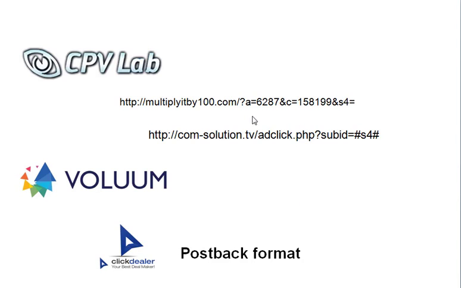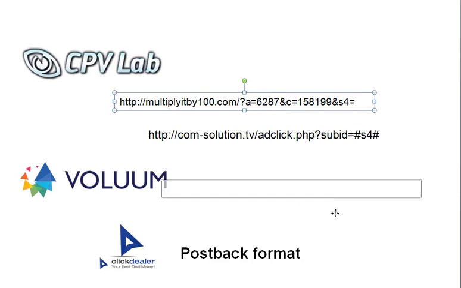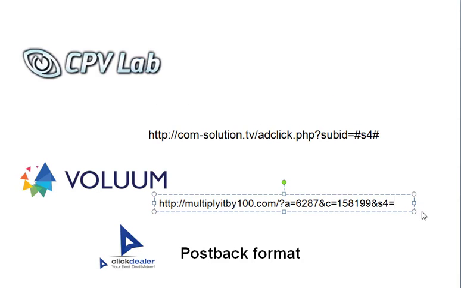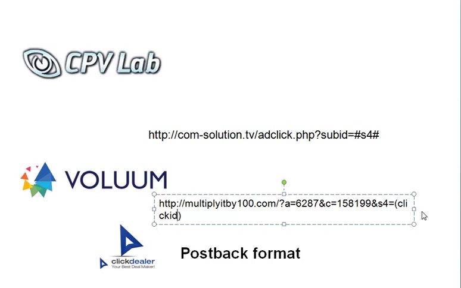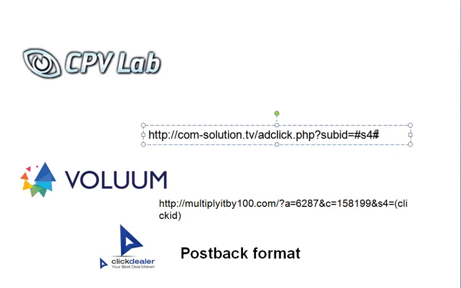And for Folium, it works the same, right? For example, for Folium here, S4 will be the click ID, and the sub ID is the click ID.